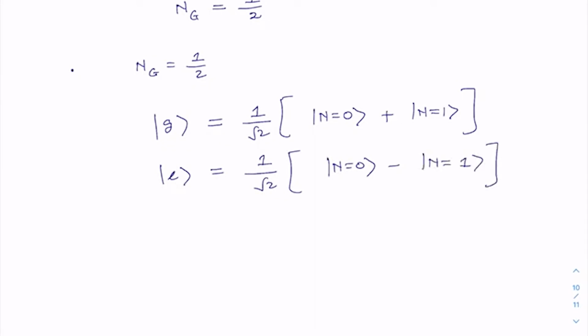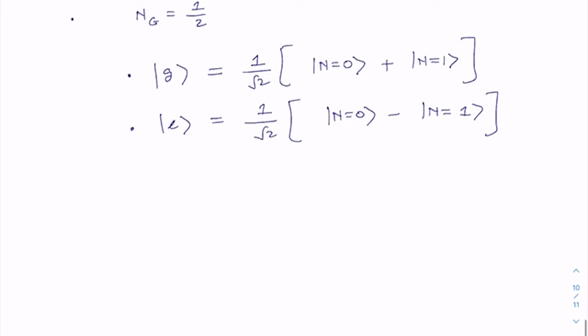So if we take this ground state and the excited state as our basis, what we can do now is express this operator n minus nz in this form.